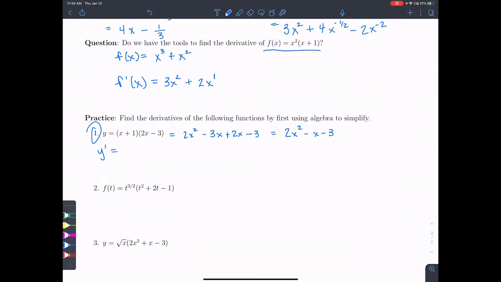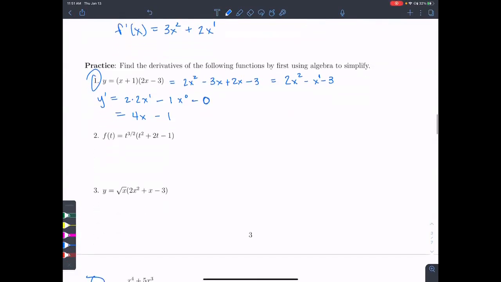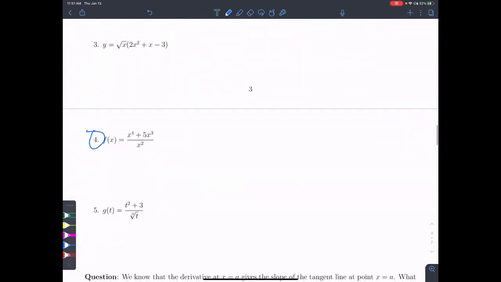Y prime would be exponent down front, so 2 times 2 times x to the first, exponent down front, decrease it by 1, minus the exponent down front, so that would be a 1x to the 0, because that's the x to the first, right? So exponent down front, decrease it by 1, and then the derivative of the constant is 0. So 4x minus 1. And again, I'll show you how to do that differently soon.